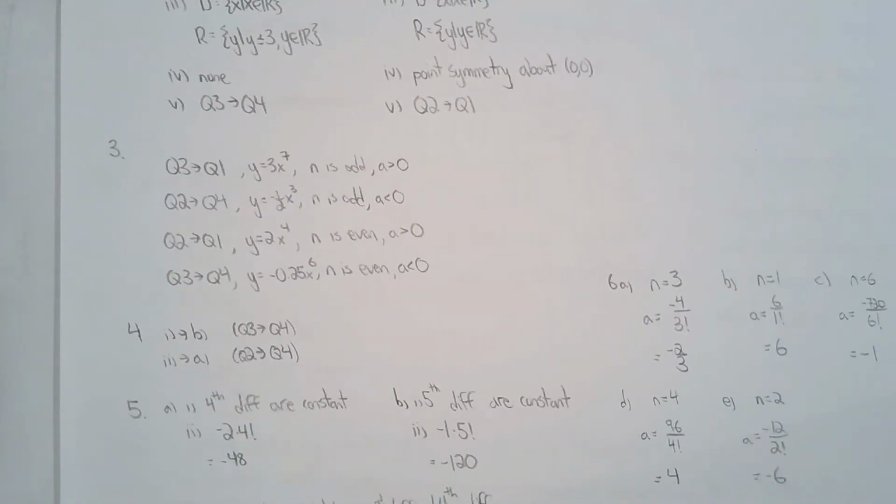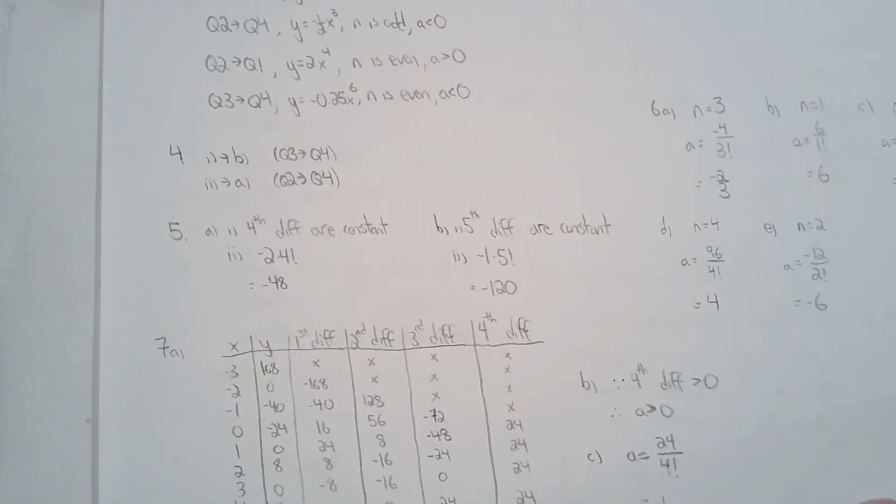For question 3, they gave us 4 functions and asked us to fill in the table. So basically, looking at the degree of the function and the leading coefficient, you can determine what's the end behavior of the polynomial. Oh, in fact, they're all power functions.